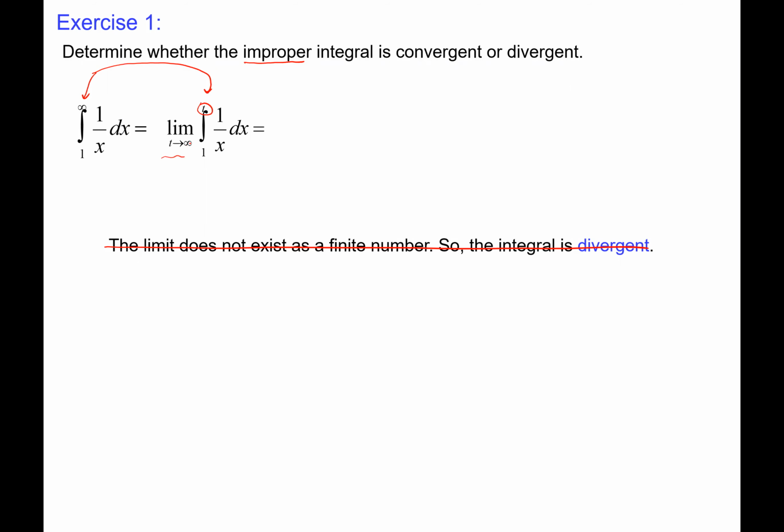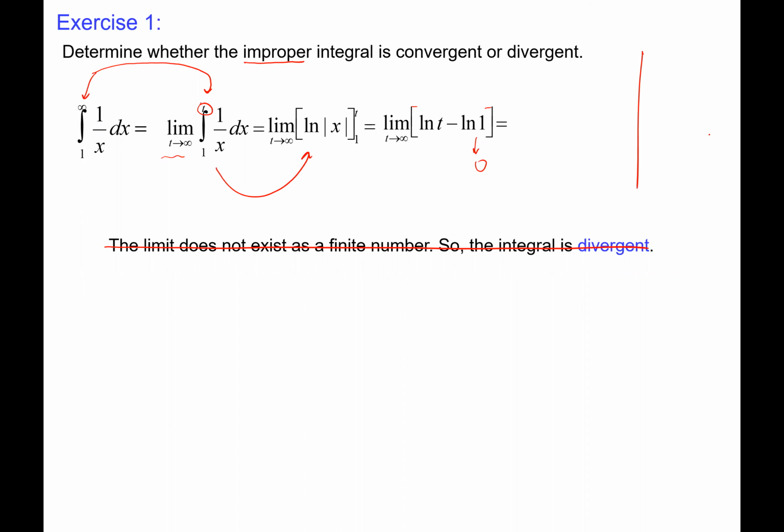Now let's just focus on integration. The integral of 1 over x dx is ln of x from 1 to t, still with the limit. Let's substitute the upper limit and lower limit. Ln of t minus ln of 1, and of course ln of 1 is 0. Now we have to evaluate how the natural logarithmic function behaves at positive infinity.